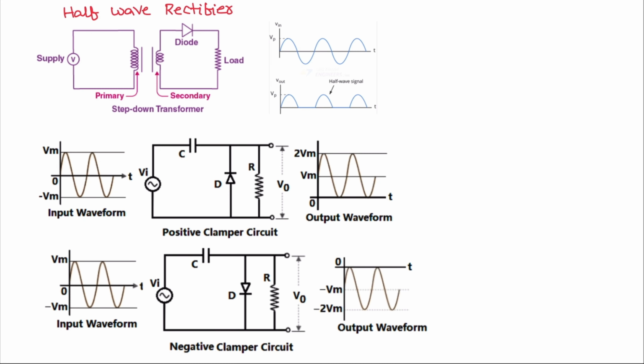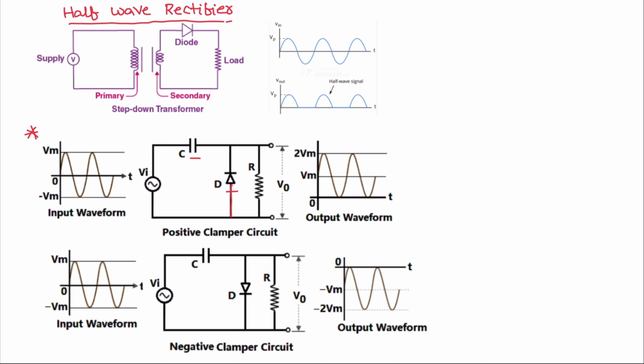So let us see the circuit diagrams. Half wave rectifier consists of a diode and load resistor, with input output waveforms of half wave rectifier. Next is positive clamper circuit, capacitor, diode positive is connected to ground.